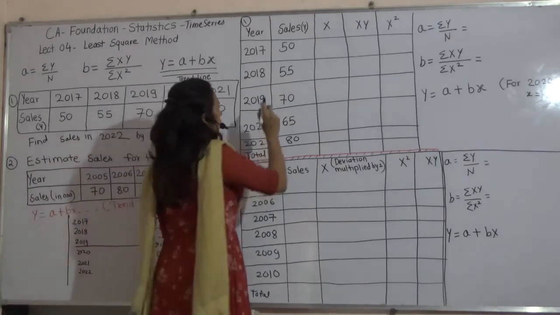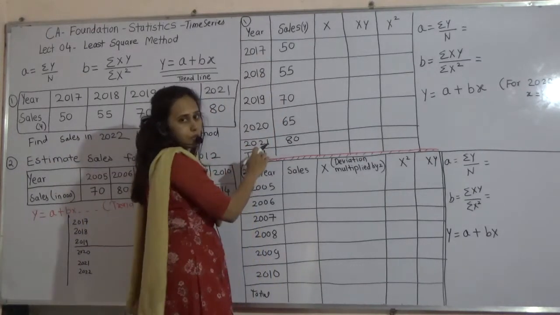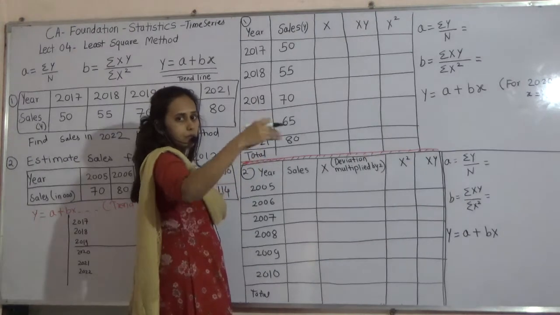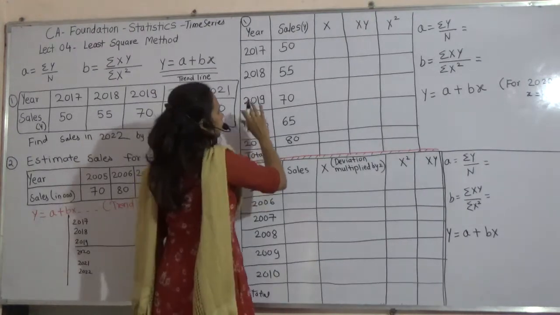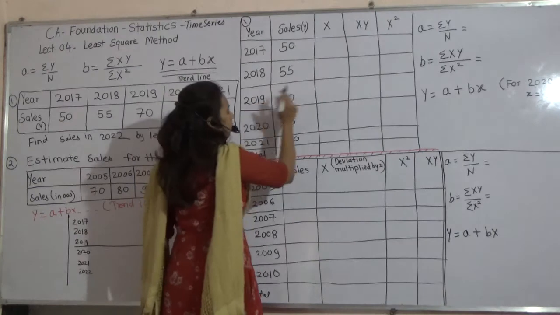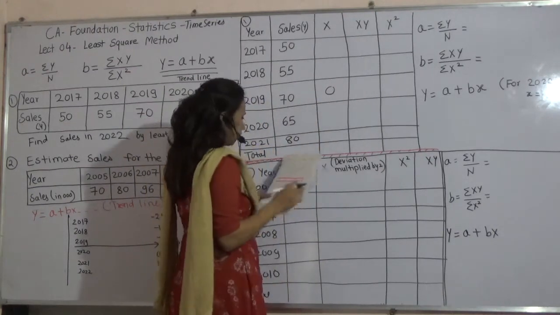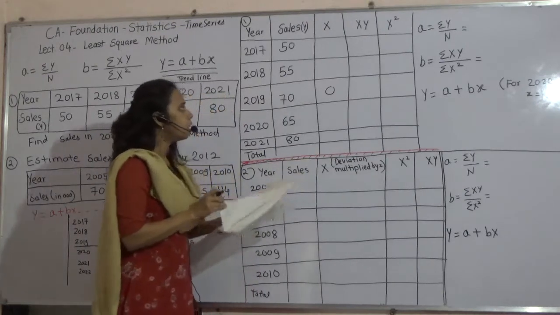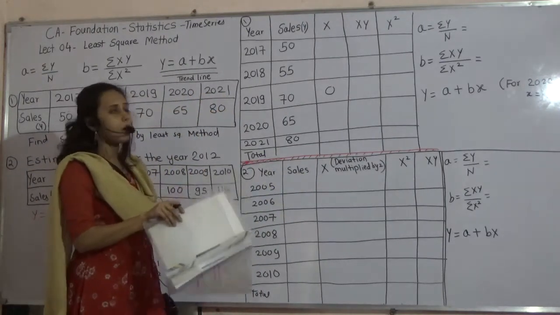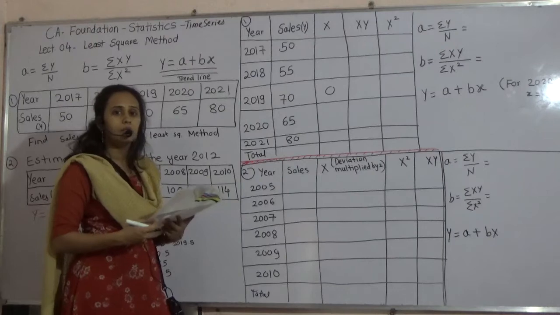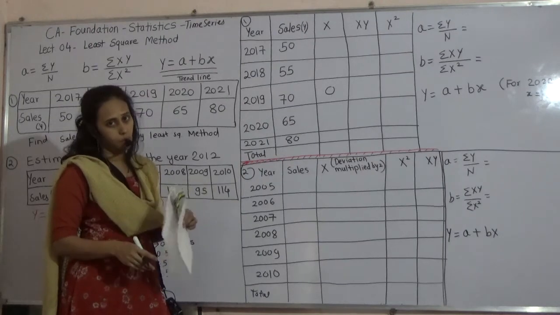Odd years means the number of years given is 5, or 3, 5, 7, 9. For the middle year, you have to put 0. This is applicable only in the case of odd.